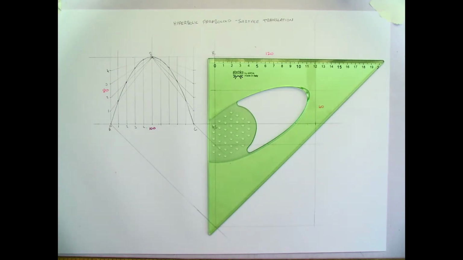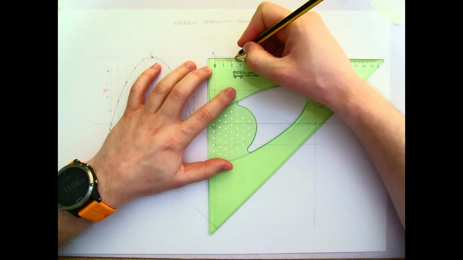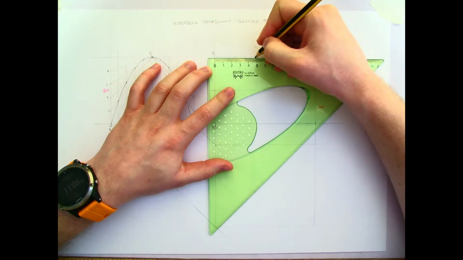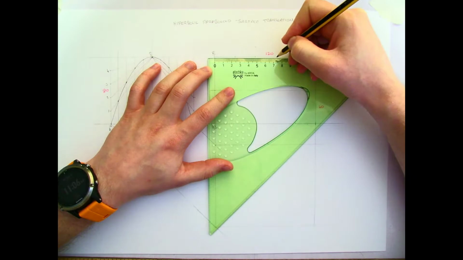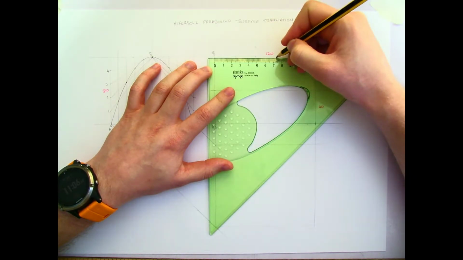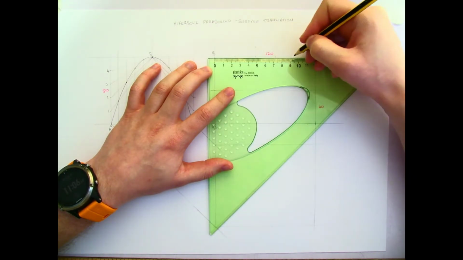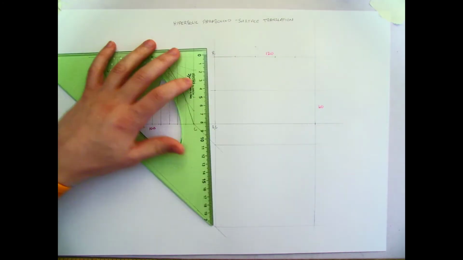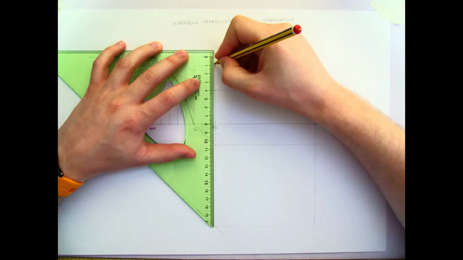So again, I'm going to use 5 equal parts. You can use whatever number of parts you like. And same going this way, in sections of 8 this time.